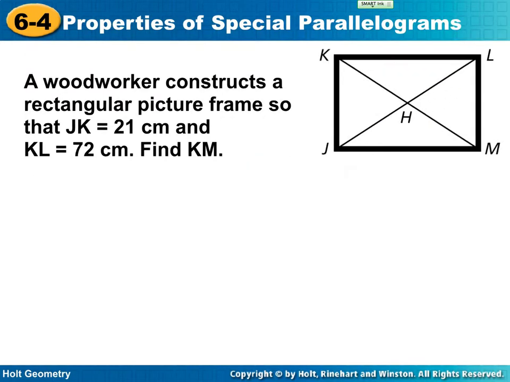Same thing, same picture, but different information. JK is 21, KL is 72. Find KM, so find this length. Pythagorean theorem, where's there a right triangle?